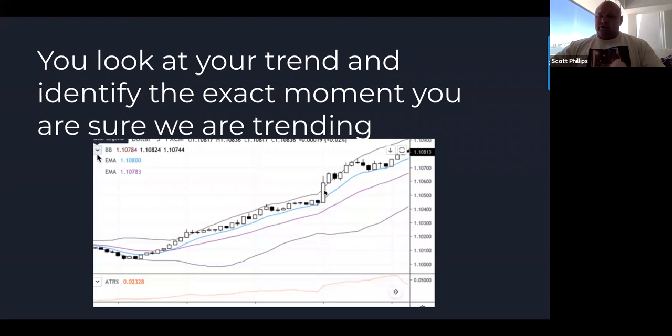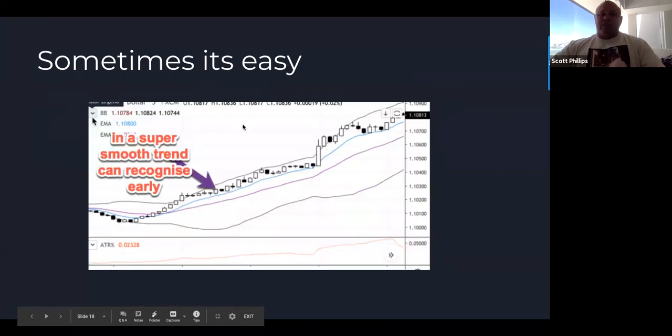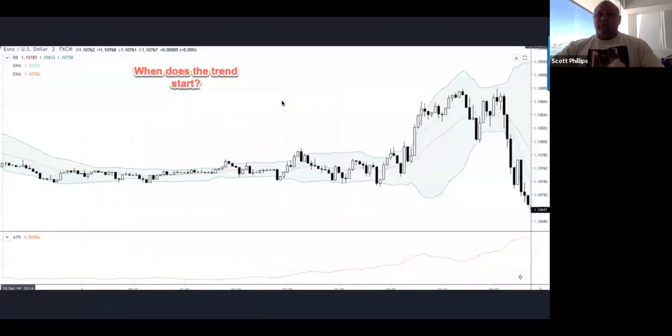And then it continues. But one thing I want to point out to you is that in these strong and smooth trends, nearly always they're increasing in volatility. So they're not what we're looking for. Sometimes it's easy. In a super smooth trend, you can recognize it early and you want to get on board with it.